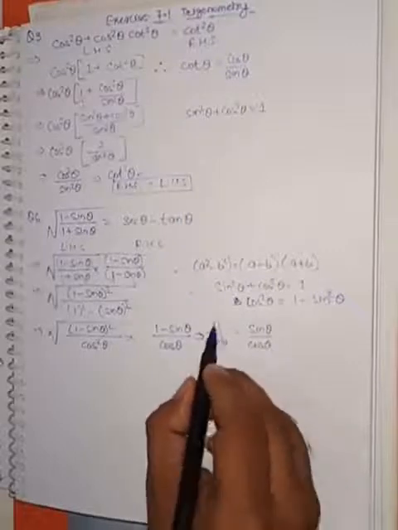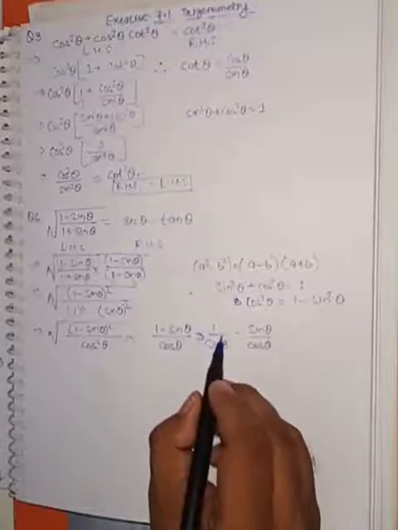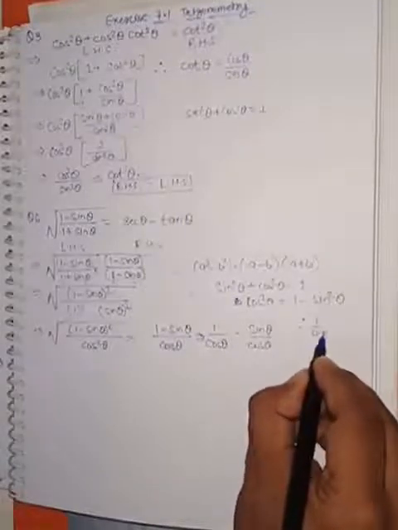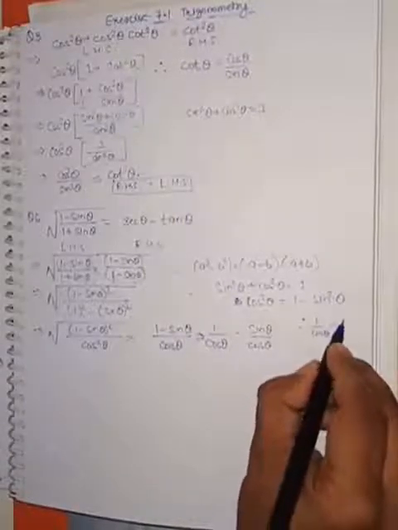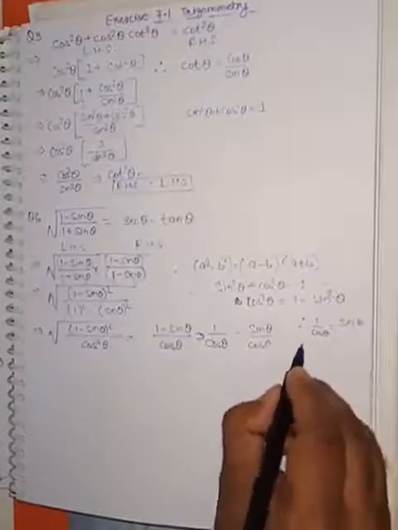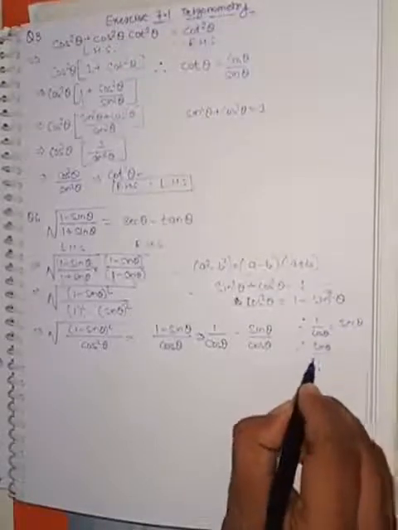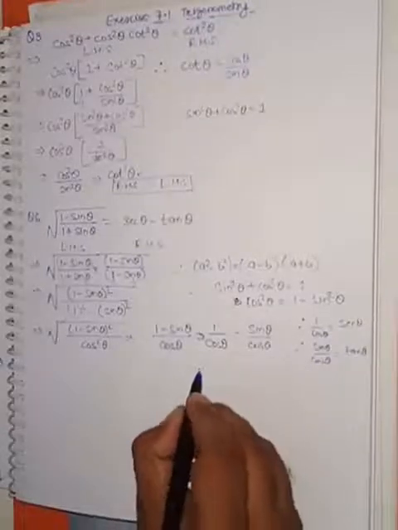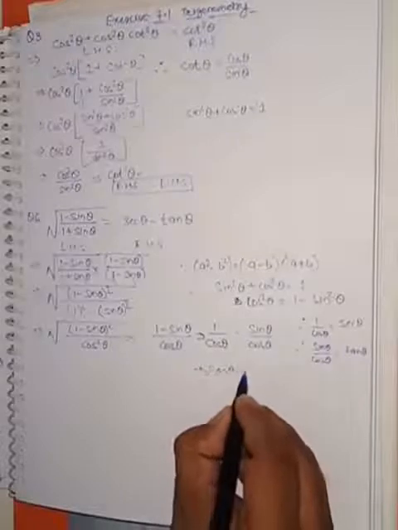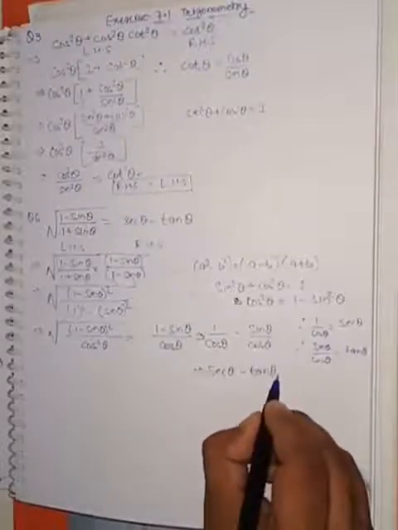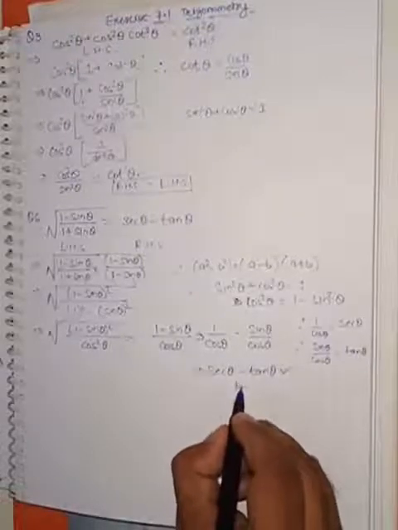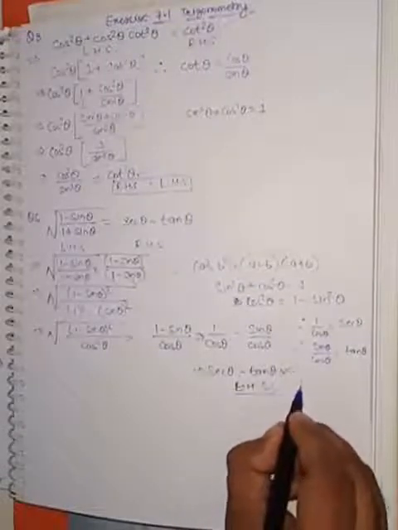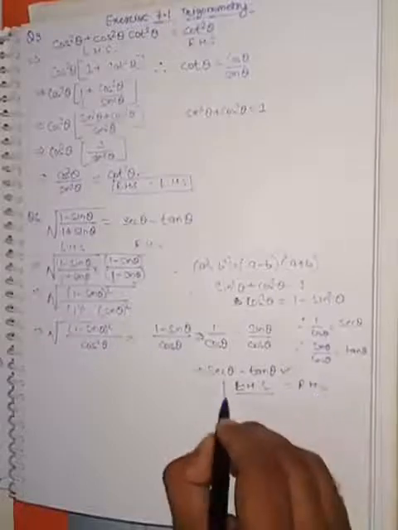Here 1 by cos theta is sec theta, and sine theta by cos theta is tan theta. So we get sec theta minus tan theta, which is the same as our right hand side. So the left hand side is equal to the right hand side.